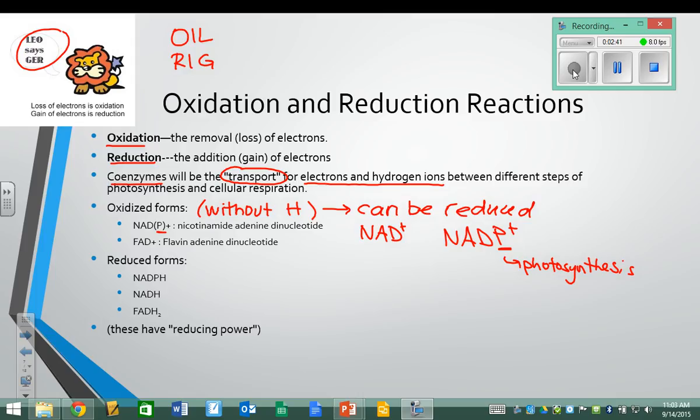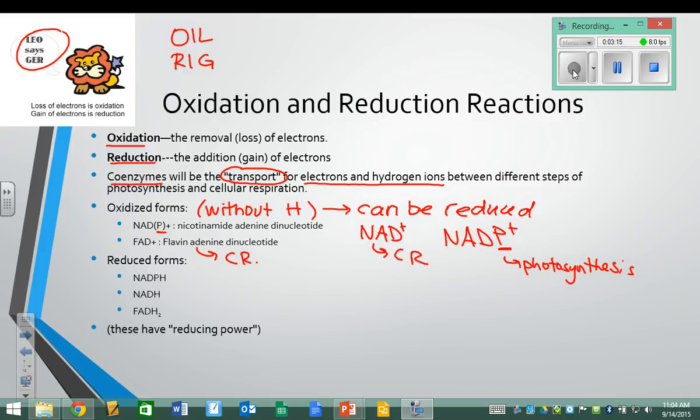It's a nice little way to remember it. FAD positive is only used in cell respiration. We're not going to mention it when we talk about photosynthesis. But these are all molecules that can pick up hydrogen and take them somewhere else. So any of these, NAD, NADP, or FAD, could pick up a hydrogen and take it to another spot.